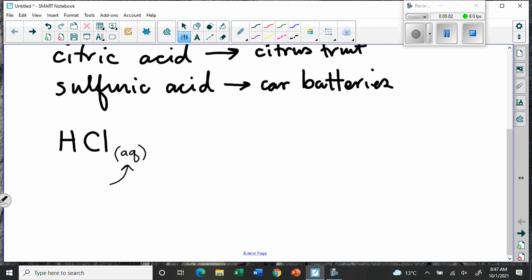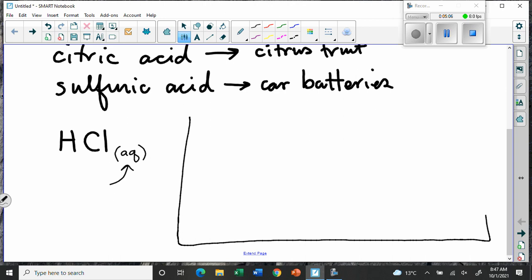Okay. So let's imagine then that this hydrochloric acid is inside this very large cup. And we'll put this water here like this. Okay? I've never seen waves in a cup before, but if you don't make the waves, it doesn't look like water. So I guess we have to do the waves. All right.